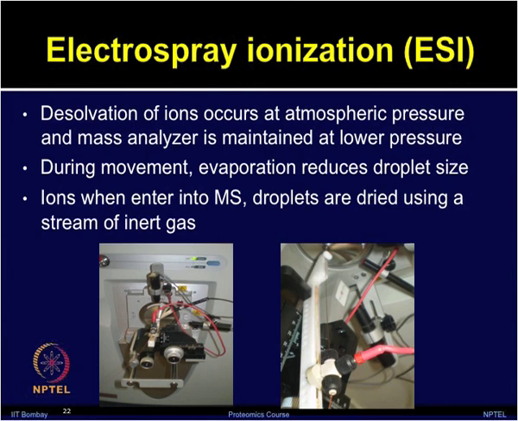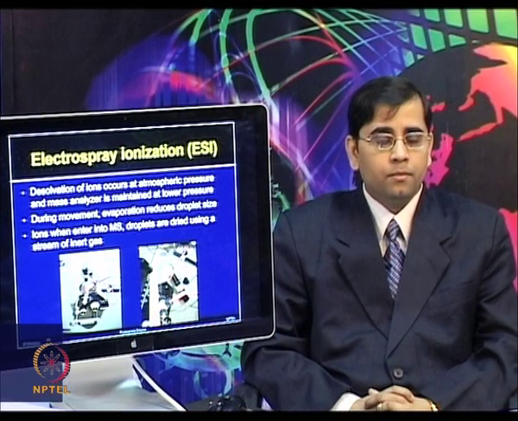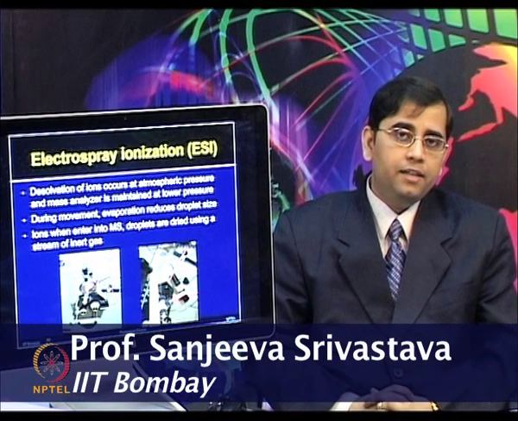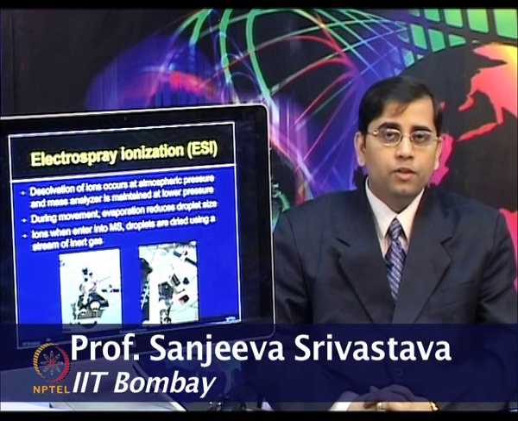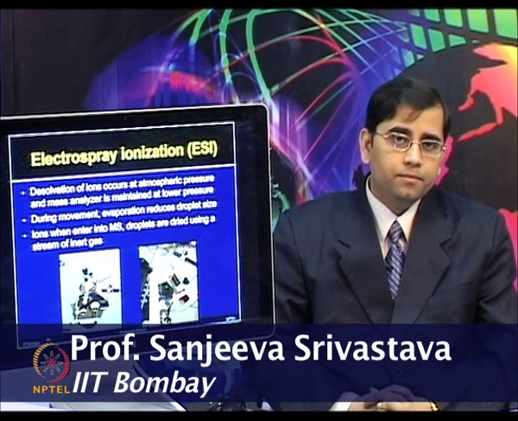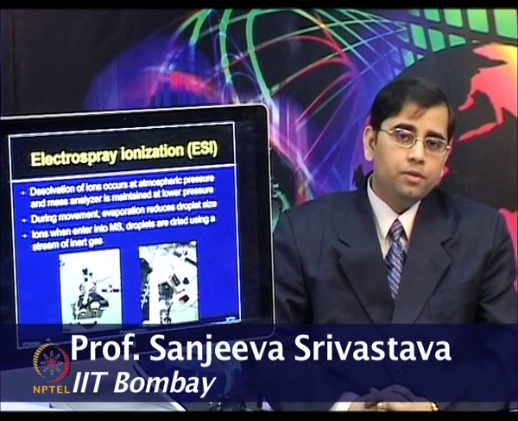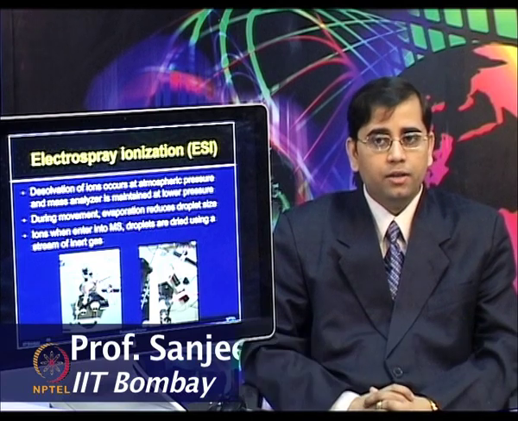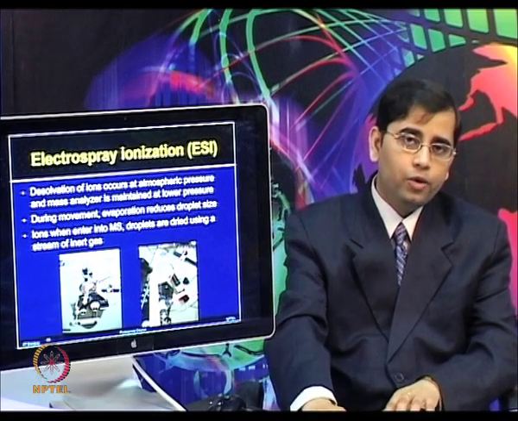During movement, evaporation reduces the size of droplets and then they split into smaller charged droplets. When ions enter the mass spectrometer, the droplets are dried using a vacuum or an inert gas, which results in gas phase ions accelerating through the analyzer towards the detector.